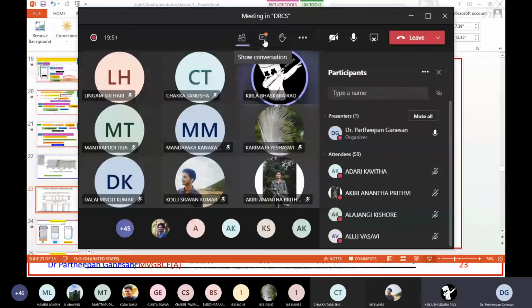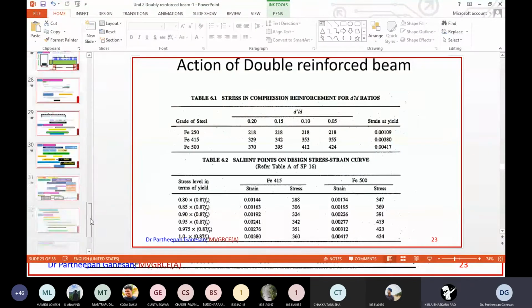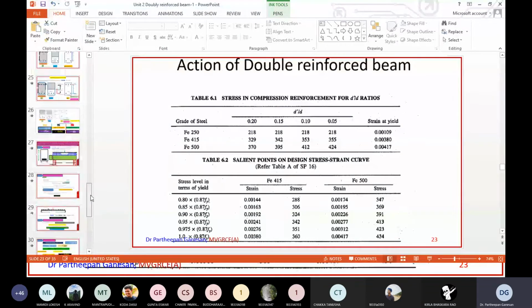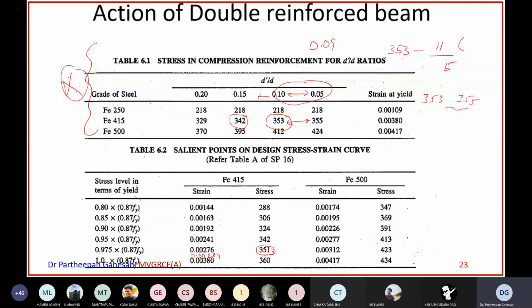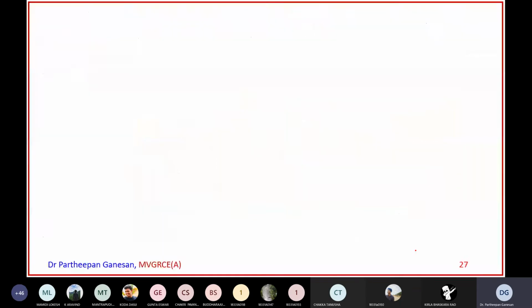So, design problem. Design of a doubly reinforced beam. Last problem, number 15.